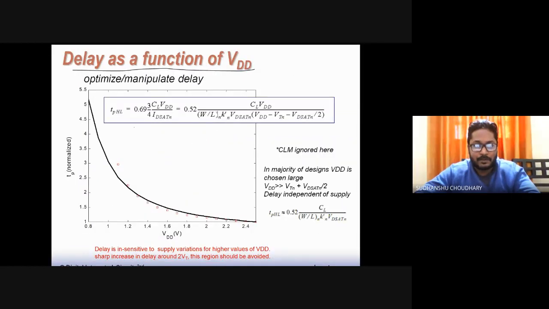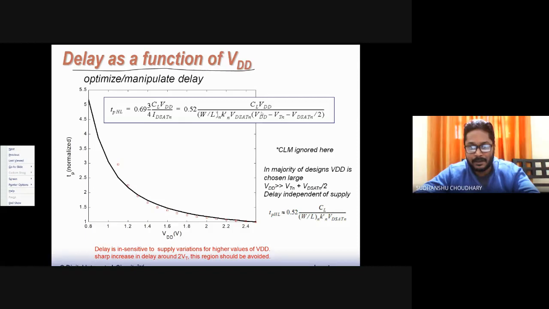For TPHL we had this delay equation, 0.693/4 C_L VDD by I_D sat n, and replace I_D sat n, that is the saturation current, by the saturation current expression over here. Then you see that the VDD term is appearing in the denominator as well as the numerator. So from here one can say that when you increase VDD, the delay can be brought down. So when you increase VDD, the delay is brought down.